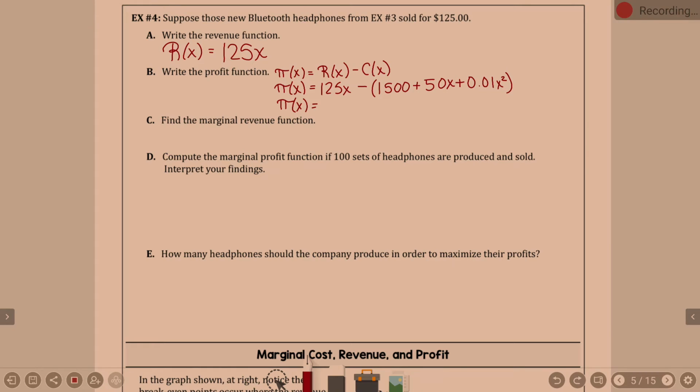In other words, I'm going to put my minus 1500 first. 125x minus 50x is going to be a positive 75x, and then you are subtracting 1/100th x squared, and that is your profit function.